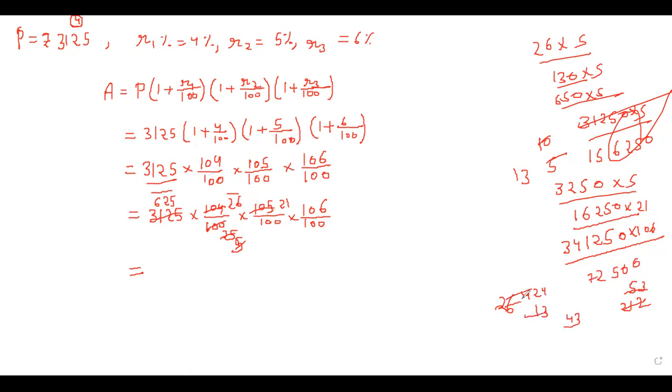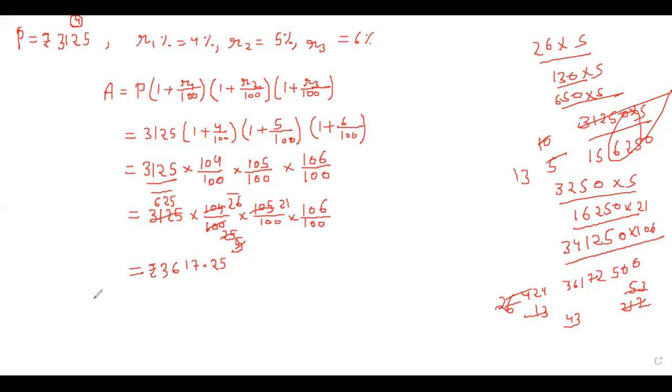Carry 43. 106 threes are 318 plus 43, 361. So this is the product, 361725. Decimal after 4 digits will be applied. So it is 3617.25 rupees, which is the amount.